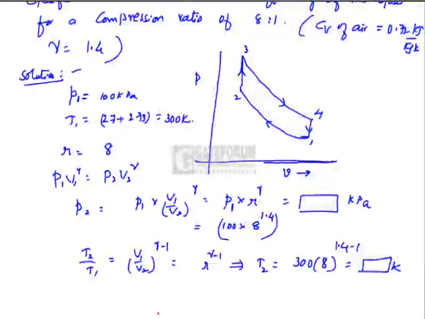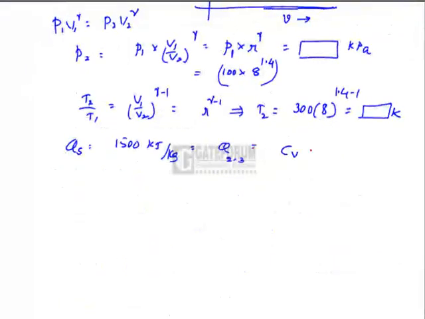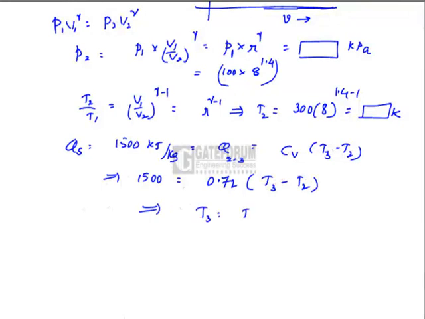He has given that heat supplied is 1500 kilojoule per kg in the process 2 to 3, that is equal to CV into T3 minus T2, implies 1500 is equal to CV of air is given as 0.72, T3 is unknown, minus T2 is already calculated above, from which we can obtain T3 or maximum temperature in the cycle in Kelvin.